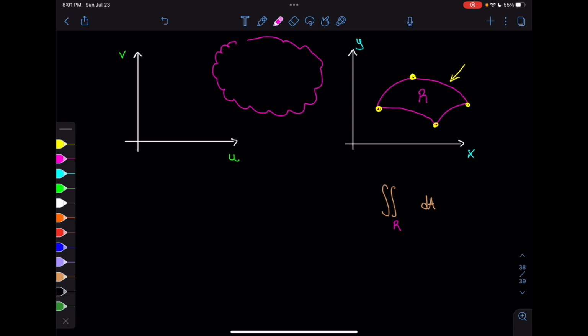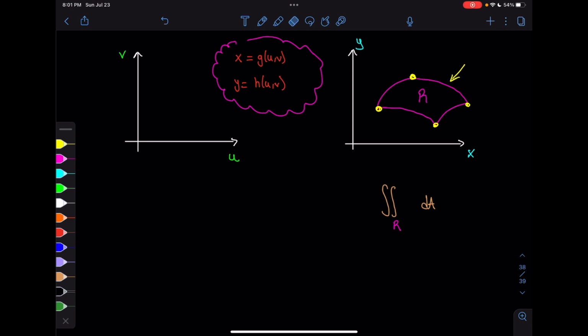So here's the idea. For the most part, what this section will do is it's going to give you a transformation. It's going to give you x as some function of u and v, and y equal to some function of u and v.